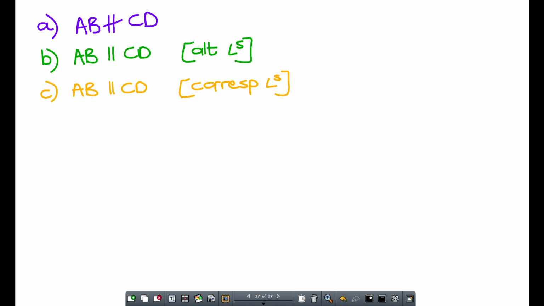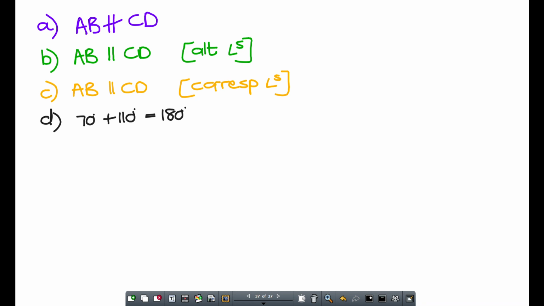to CD. Okay, good. Then D. D, do you see that it forms a U? So what do we call it? Co-interior angles. So you will see that that's 70 plus the 110 gives me 180 degrees.